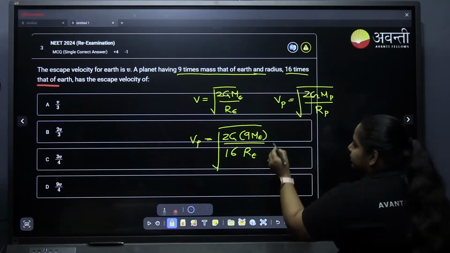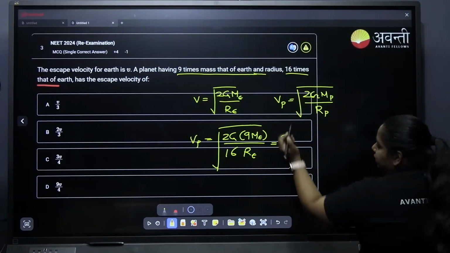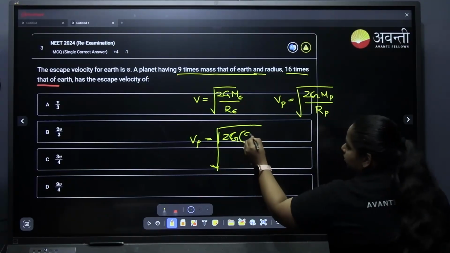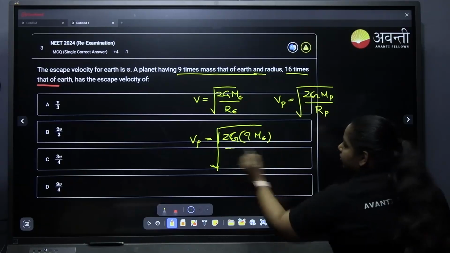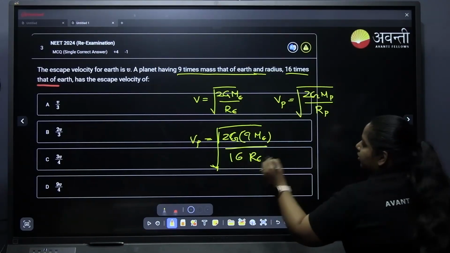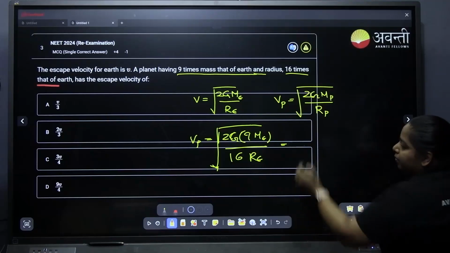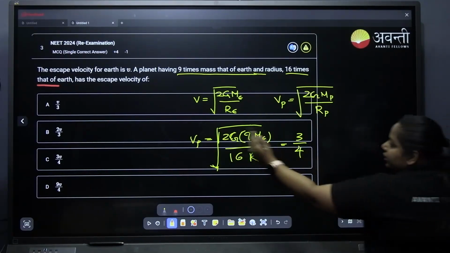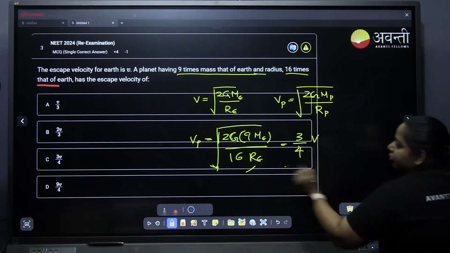So 9 by 16 we can take outside. It will become root 9 by root 16, that is 3 by 4, then V. So 3 by 4 V is the answer.